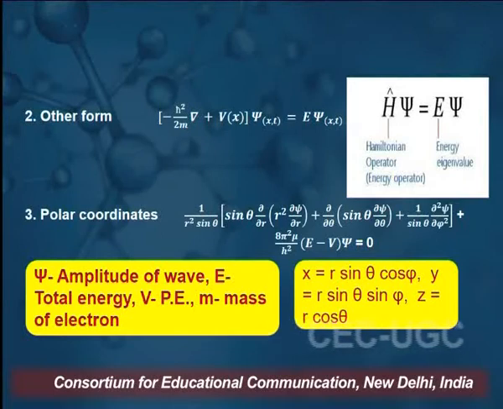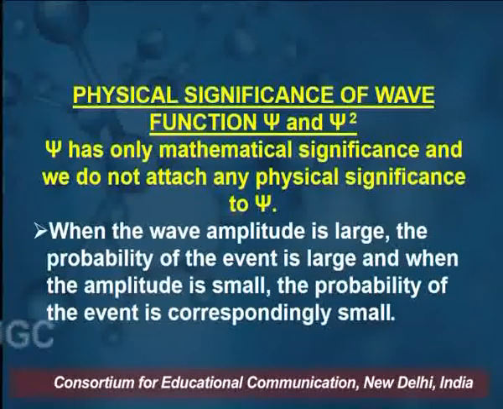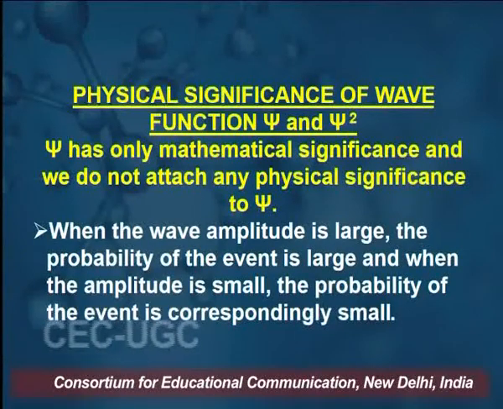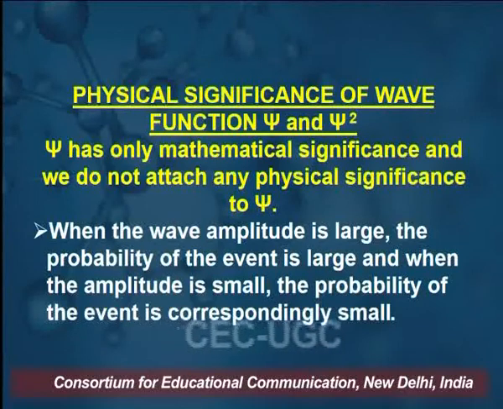Psi is the amplitude of the wave, E stands for the total energy, V stands for the potential energy, m stands for the mass of the electron. x, y, z are the Cartesian coordinates, which are related to the polar coordinates r, theta and phi, as shown here on the screen.